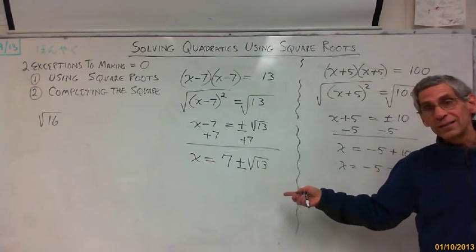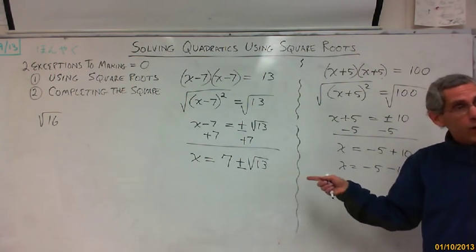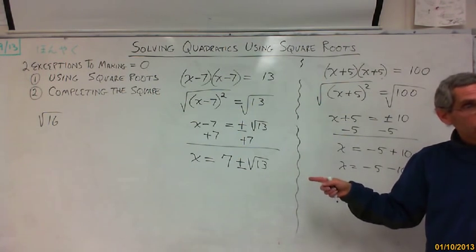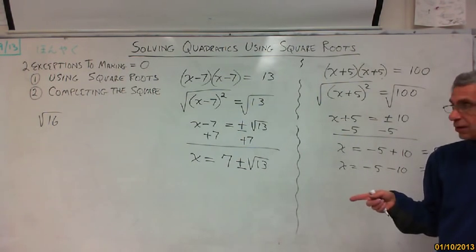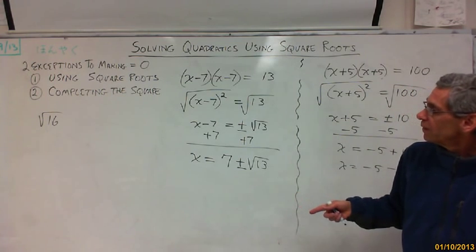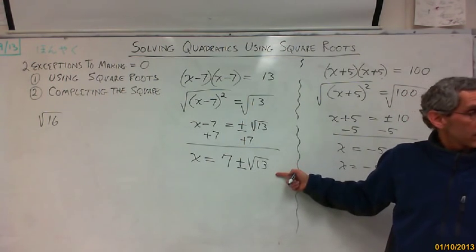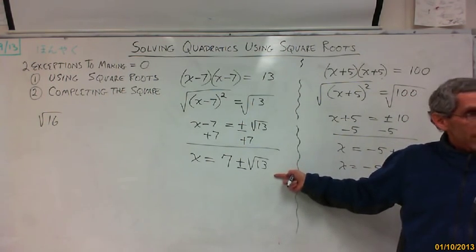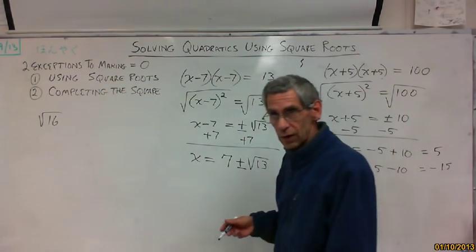So 10.6 approximately is where my dot would go for finding a zero on the graph. But most of the time you can just leave it like this because you're not always asked to graph it. All right, we've got one more.